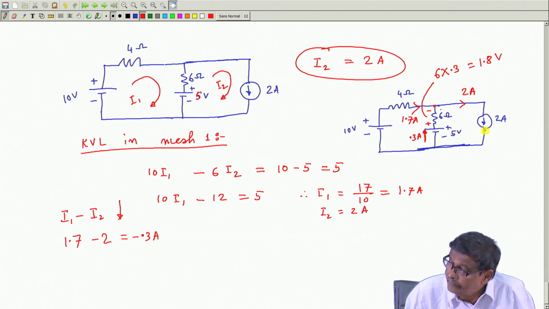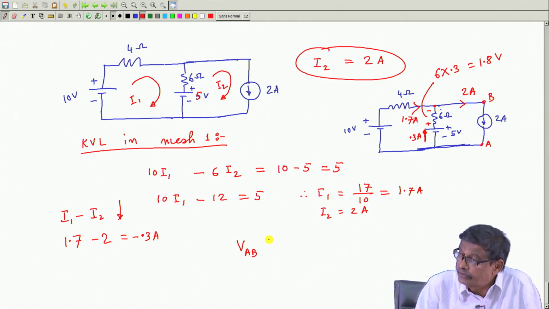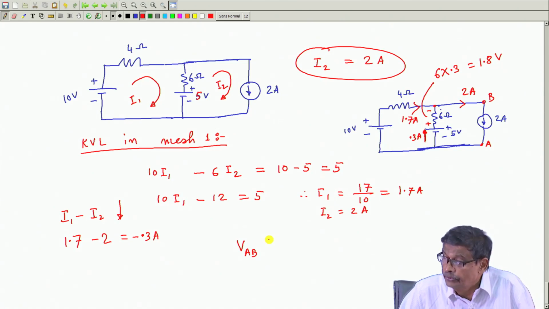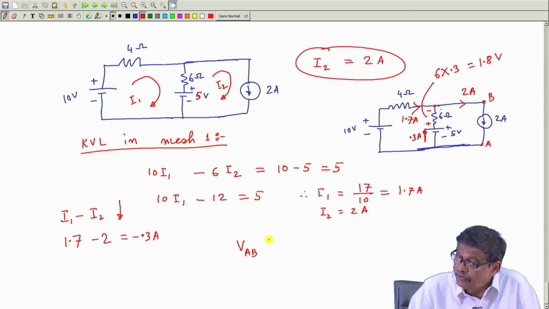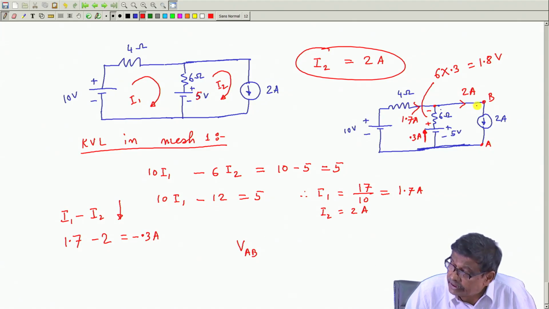Suppose I say that this point is A, this point is B, calculate VAB, that is the voltage across the current source, potential of A with respect to B, and I know the rule: start from B, try to reach A via any path you like. So, I will choose this path to reach A. From this to this no voltage drop, no resistance, from this to this minus to plus.